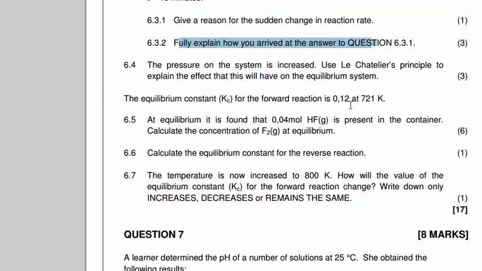Okay, now the equilibrium constant for the forward reaction is, so they give us the equilibrium constant. At equilibrium, it is found that this many moles of hydrogen fluoride is present in the container. Calculate the concentration of F2, okay?